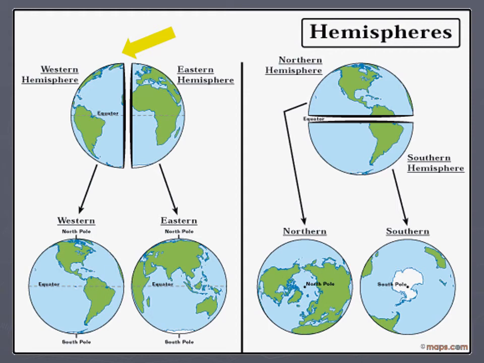Now, do you recall which line divides the earth into two so that we can have western and eastern? Yes, it is the prime meridian that divides the world into two. So we have the western hemisphere and the eastern hemisphere.